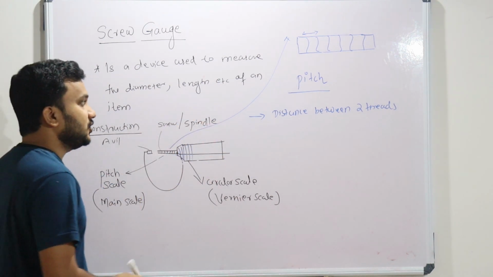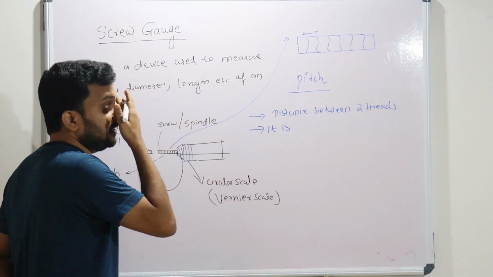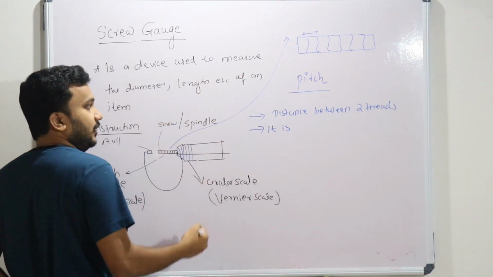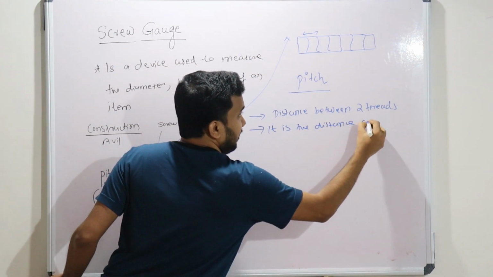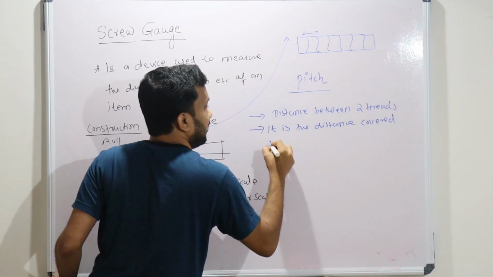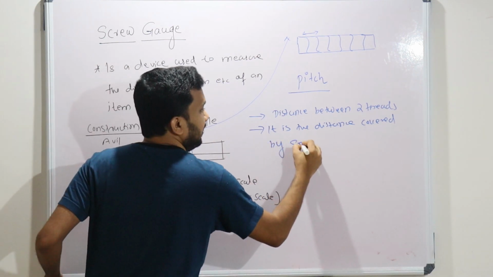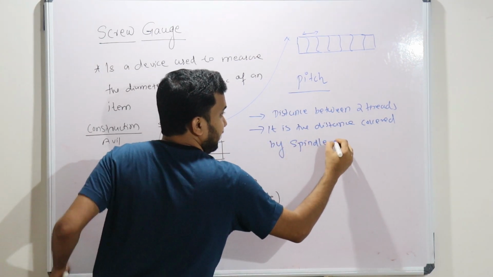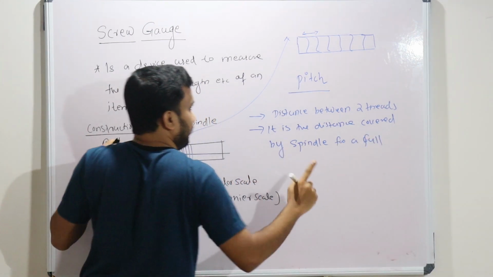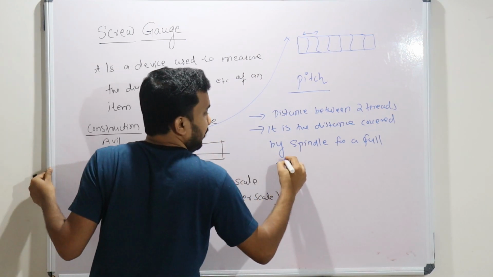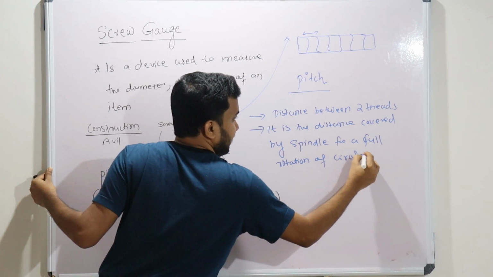So pitch, I can give another definition. I told you it is the distance between two threads. In another way, it is the distance covered by the spindle for one full rotation of the circular scale.